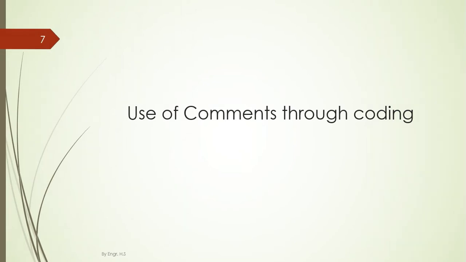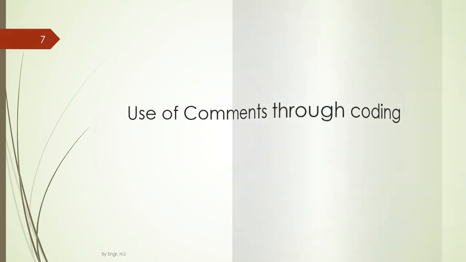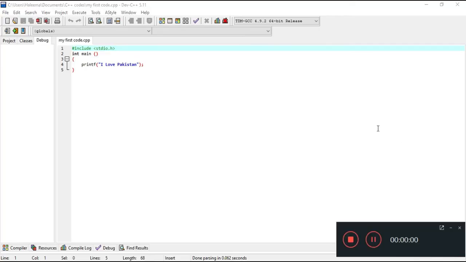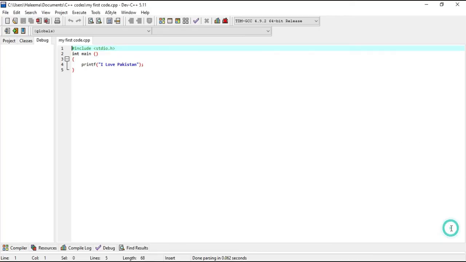Now we will do some examples of how to add single line comments and multiple line comments in C++. If you remember, this was our first code that displayed a single sentence in C++.